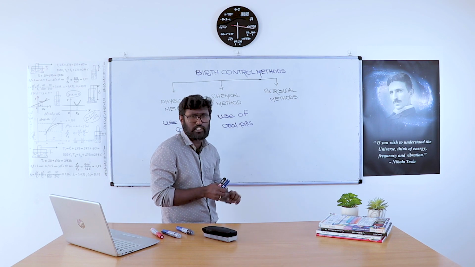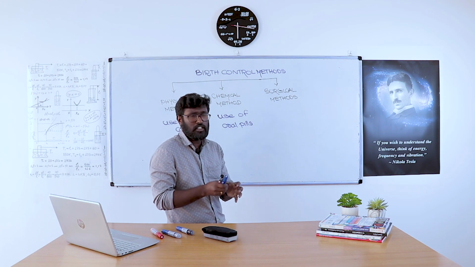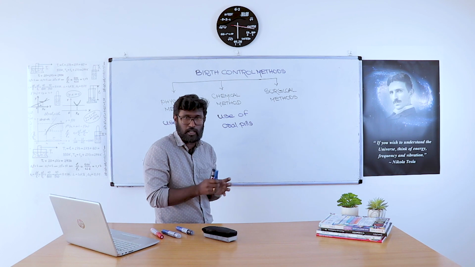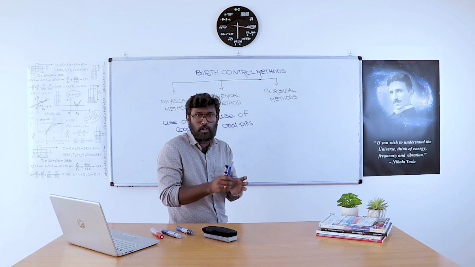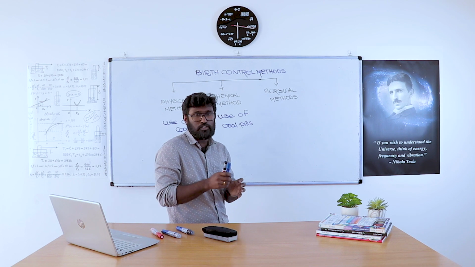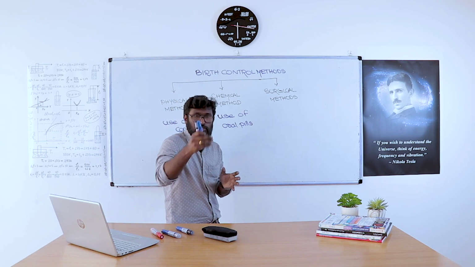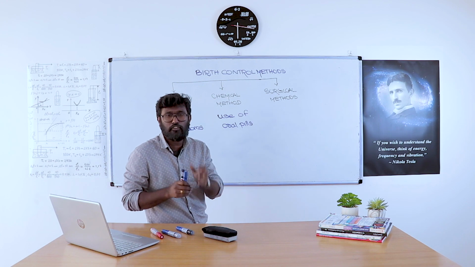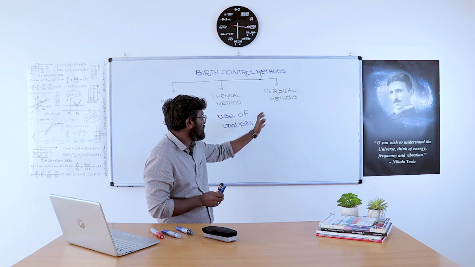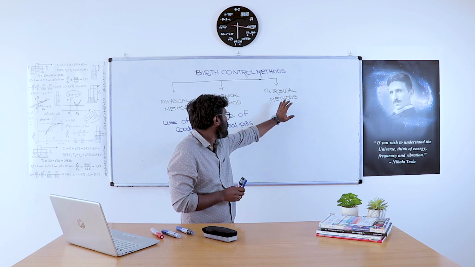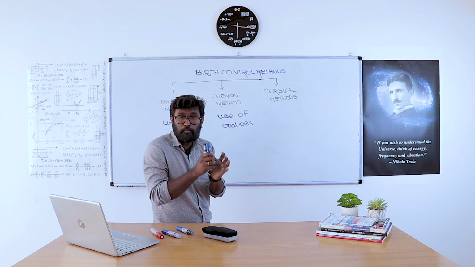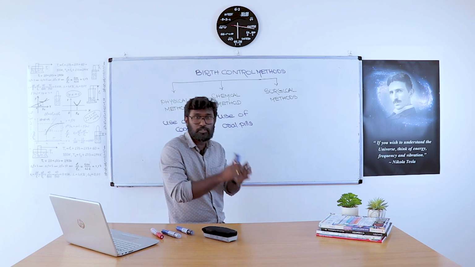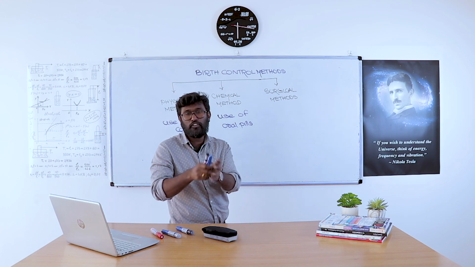So what about the surgical method? In the case of the surgical method, in the male, the vas deferens is blocked to prevent the passage of sperm, and in the female, the fallopian tube is blocked to prevent the passage of the egg.